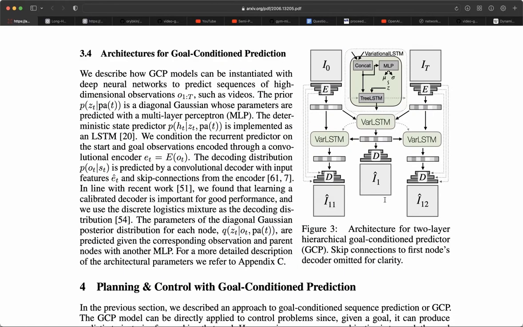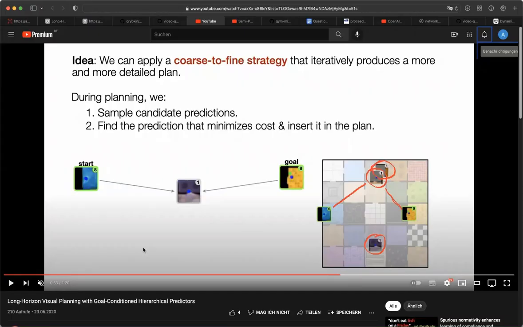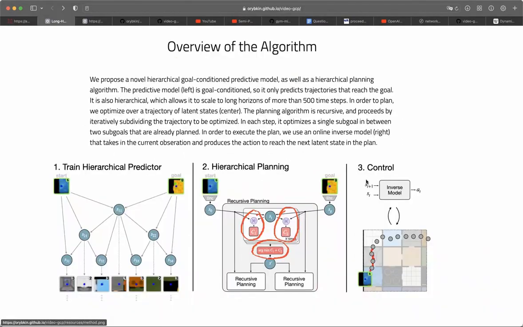This is possible because we can sample middle point candidates using the stochastic component of the predictor, and then estimate the cost for each candidate, and then select the one with the lowest cost. This cost function was also trained by supervised learning based on expert trajectories.